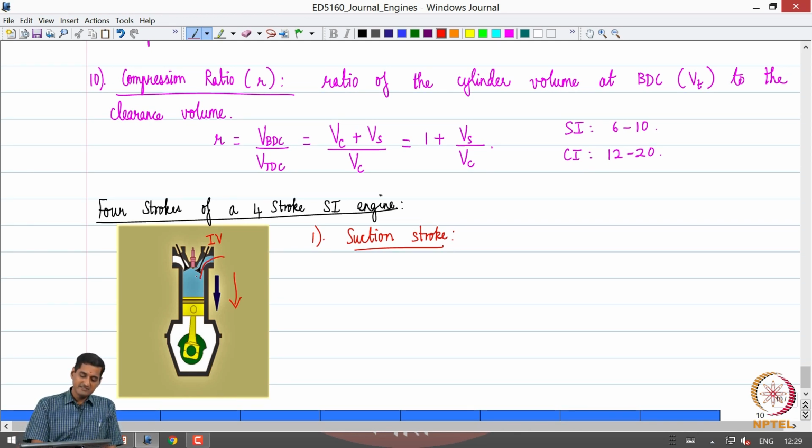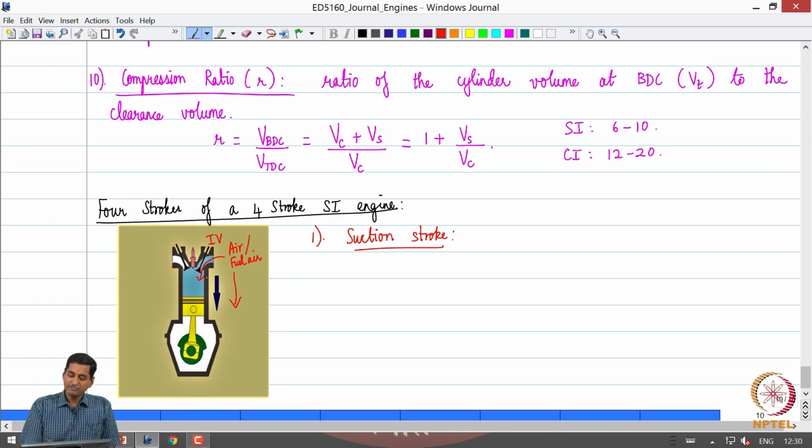What happens is that either air or fuel air mixture is taken into the combustion chamber due to pressure difference during the suction stroke. We are going to see the different mechanisms of introducing this fuel air mixture in typical petrol engines when we go to what is called mixture preparation.